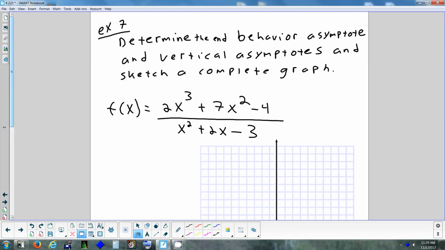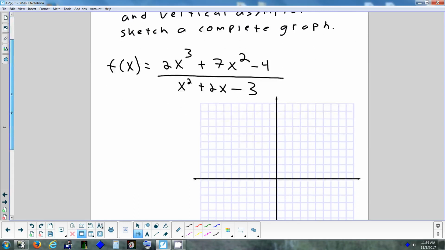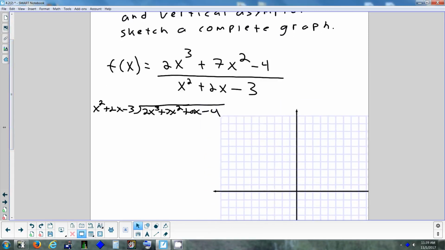They don't ask for the remainder either, so once you have the quotient, you can stop. So let's find that. Fill in a 0 for anything you're missing. 2x cubed, 7x squared. What do we fill in for the x term? 0x. Minus 4.